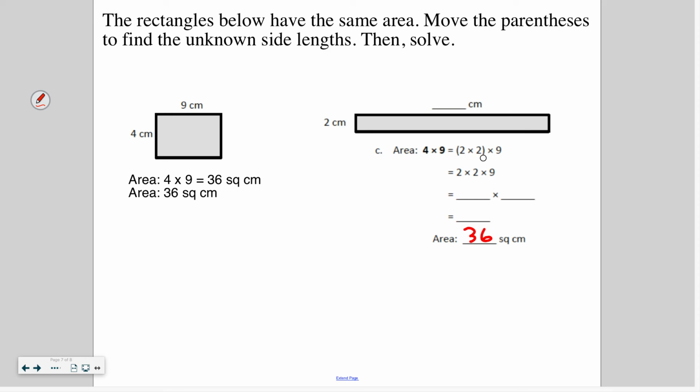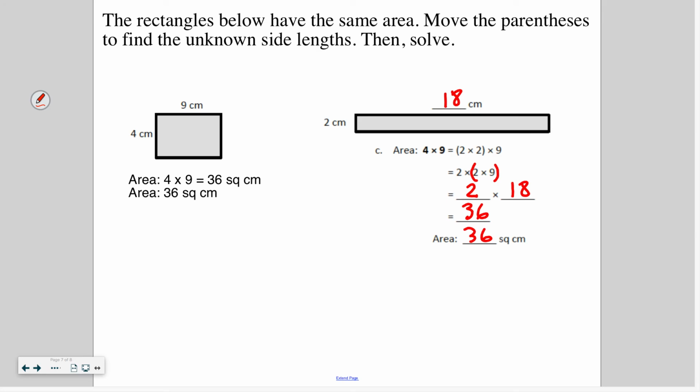The parentheses is around the 2 times 2, so I'm going to move the parentheses like it says to. So I keep the first 2, and now I want 2 times 9 to combine. So 2 times 9 is 18, right? So my side lengths are 2 and 18, and I know that the area is going to be 36 because it says so in the directions.